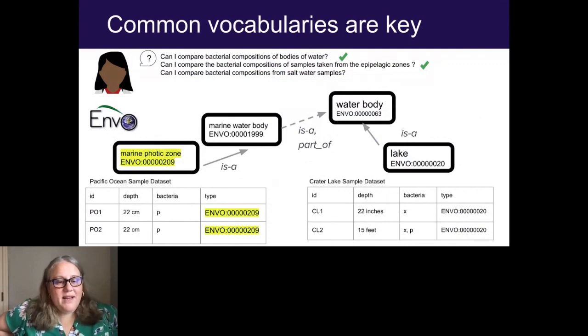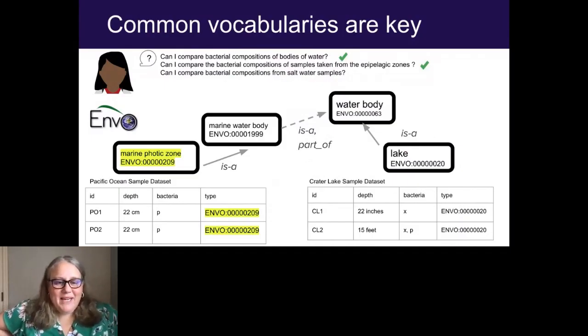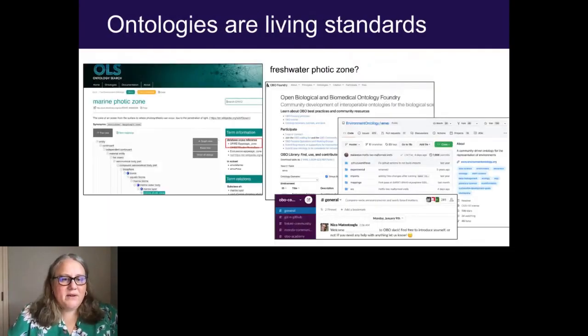So she knows that in the ontology, marine photic zone is defined as the X depth of the water, and it's where the water can be influenced by light. So she can type this Pacific Ocean data set by looking at the depth here and looking at the ontology as being a sample from the marine photic zone. But what she doesn't find necessarily is that there is a freshwater photic zone.